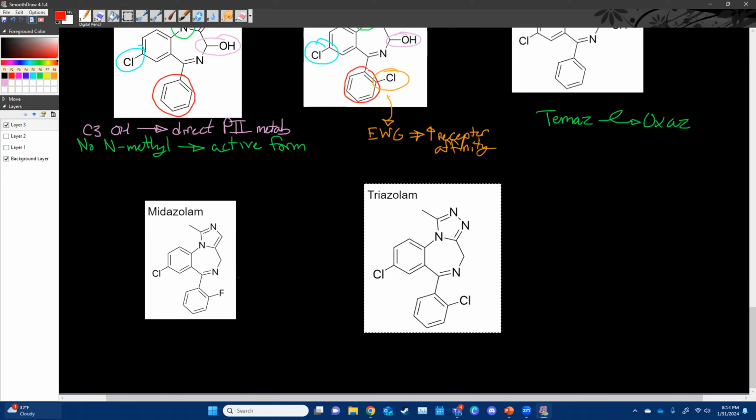We have our C5 phenyl. We have our electron withdrawing group. We do not have our C3 OH, so we can't do direct phase 2, but here we're also using fluorine, which again is going to increase receptor affinity.